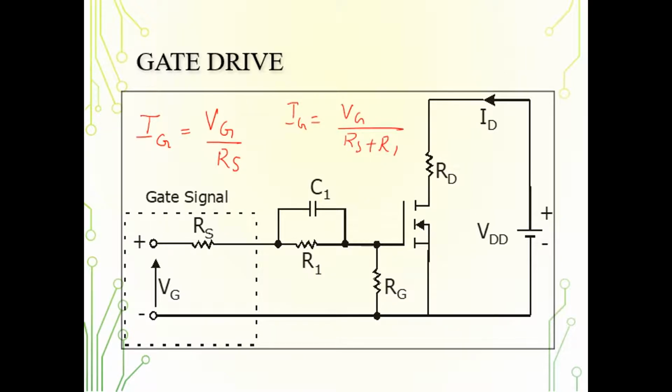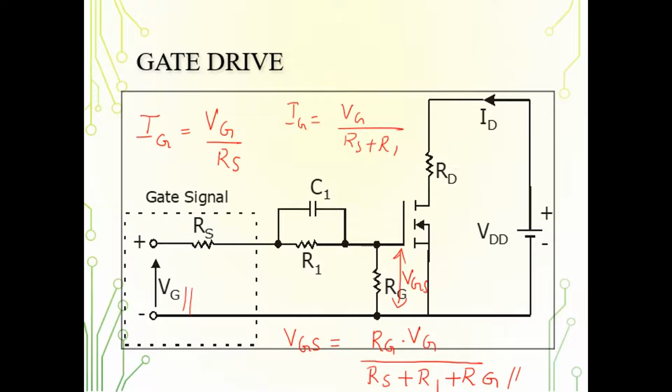So this is the gate voltage which is applied. So what is the gate to source voltage VGS? The steady state value of the gate voltage, which is VGS, you can write as RG, that is the resistance across which we are finding VGS, into the supply voltage VG divided by the total resistance, that is Rs plus R1 plus RG.